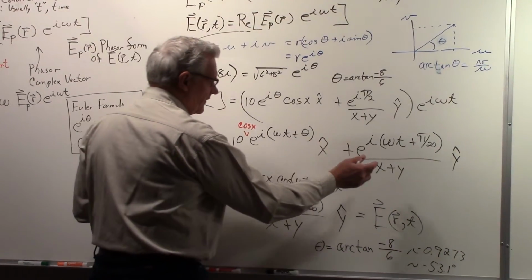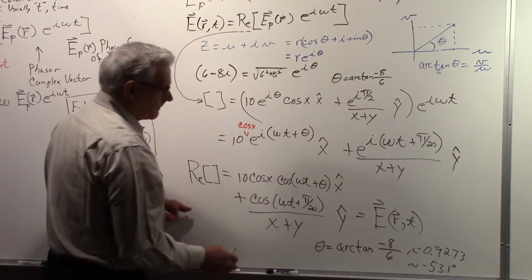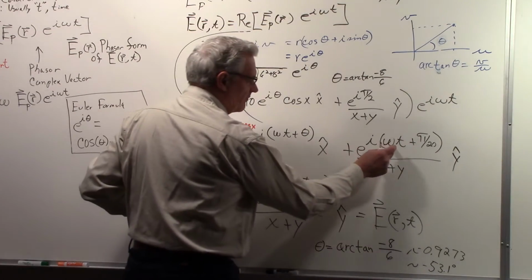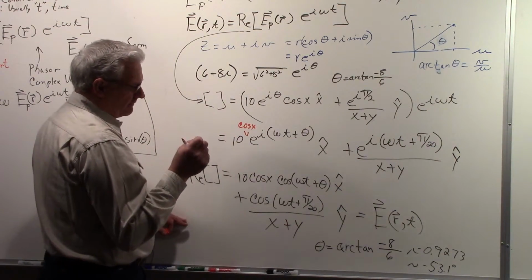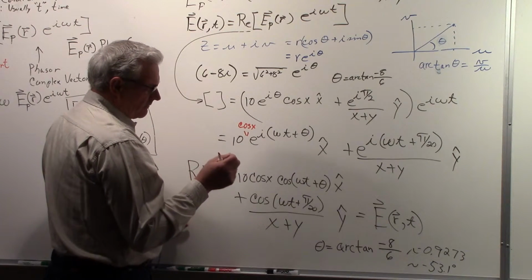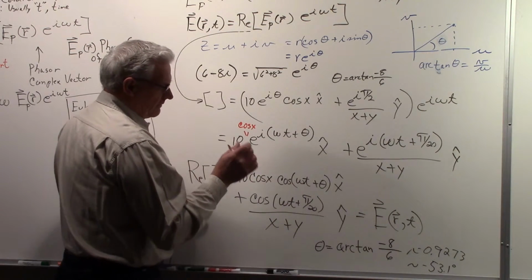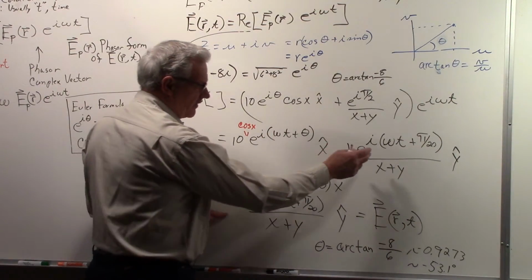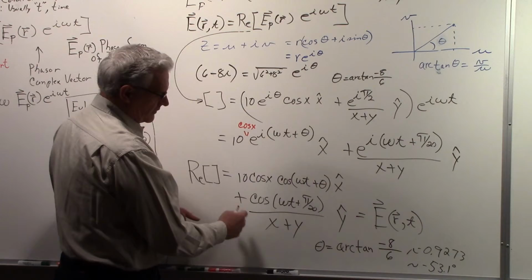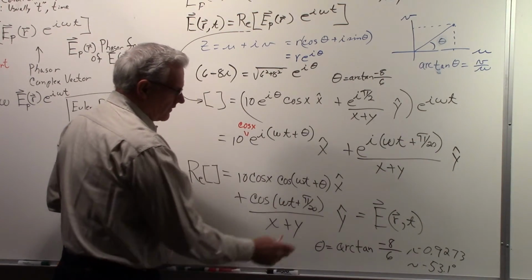And then for the y component, we're going to have the cosine of omega t plus pi over 2, and we're taking the real part again, so the sine part from the Euler's expansion will go away, so we're just left with the cosine, y component.